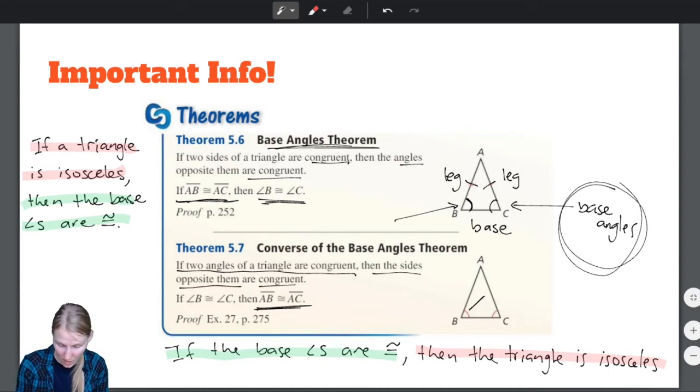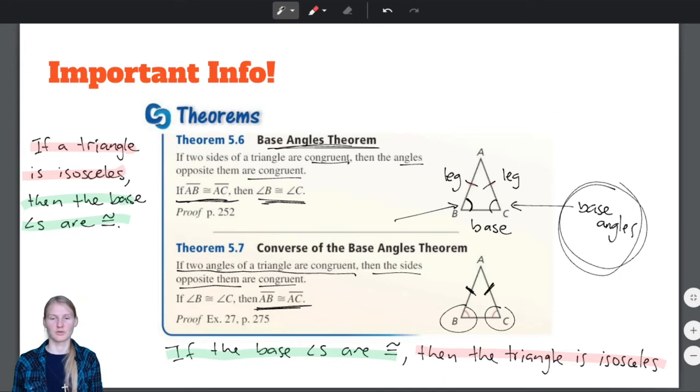The side opposite from B is AC, and the side opposite from angle C is AB. So, if the base angles are congruent, then the opposite sides are congruent, and the triangle is isosceles.